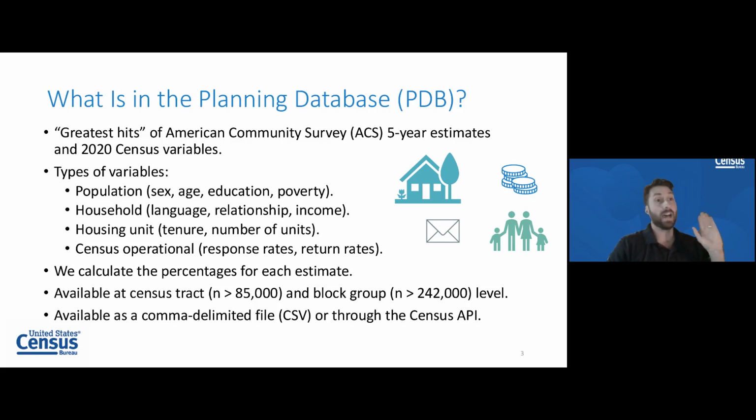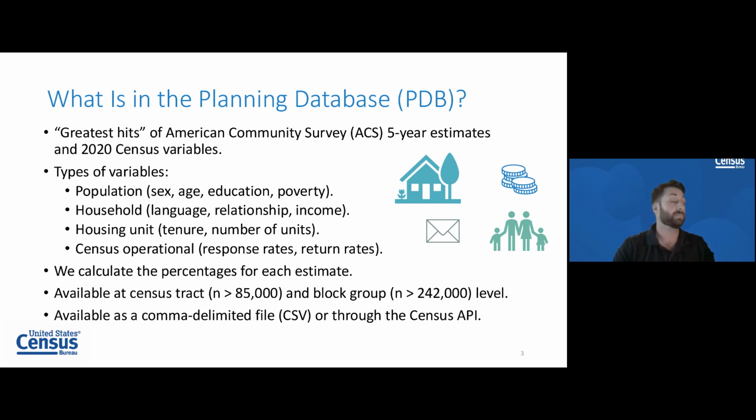So for those not familiar with this amazing data product that I'm going to shamelessly promote, because my area creates it, produces it, and disseminates it. The planning database is the greatest hits of American Community Survey 5-year estimates, and then some really great, important, and unique 2020 census variables. We have a variety of different topics that are covered in the planning database.